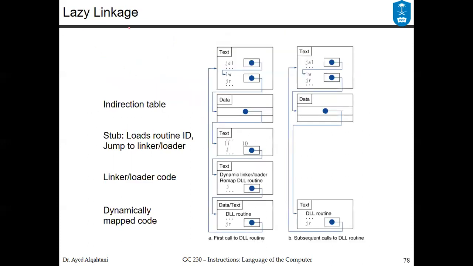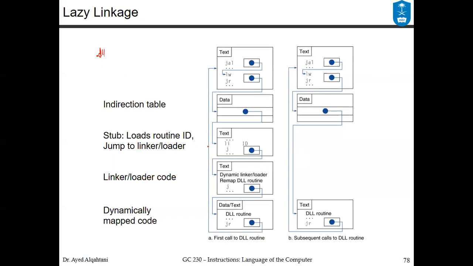The lazy linkage: what you do is you have to distinguish between the first call and the subsequent calls. So we are working here with the dynamic linking library, or the DLL, and I'm sure you looked at files with the extension .dll.